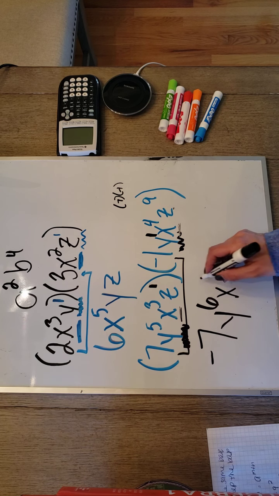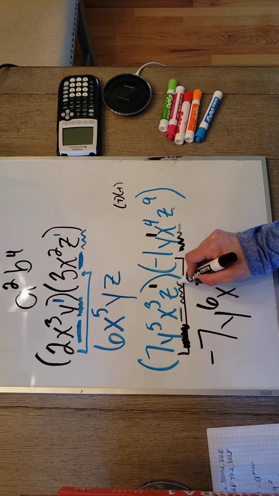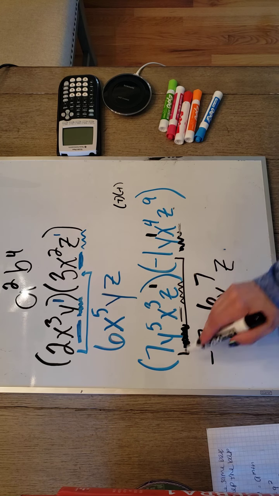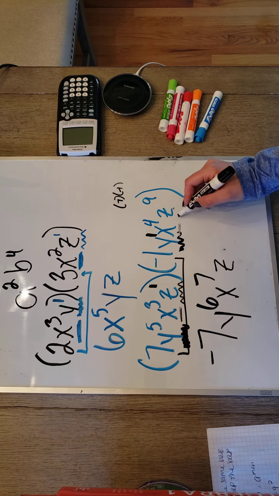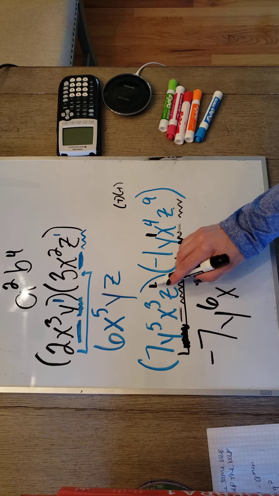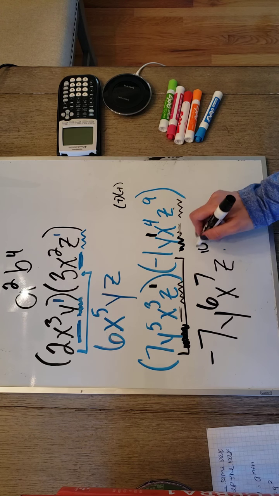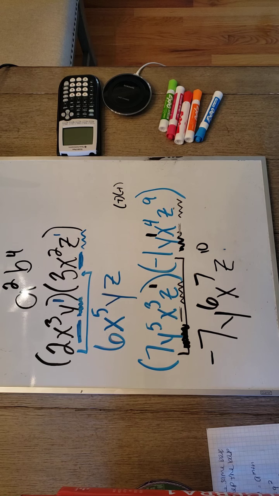Keep your base, add your exponents. 3 plus 4 is 7. And next up, we have a z. Any other z's in the expression? Yep, right here. 1 plus 9 is 10. Not too shabby, right?